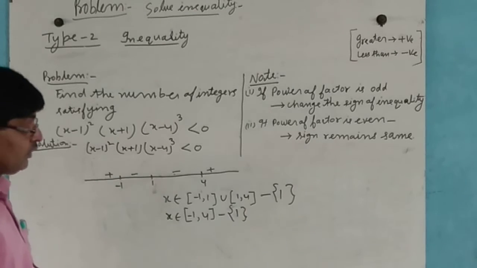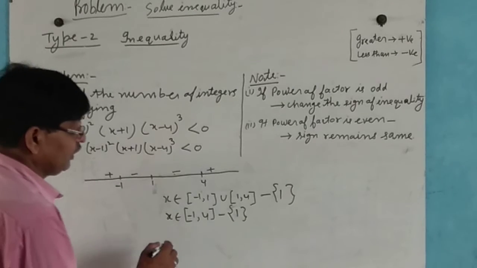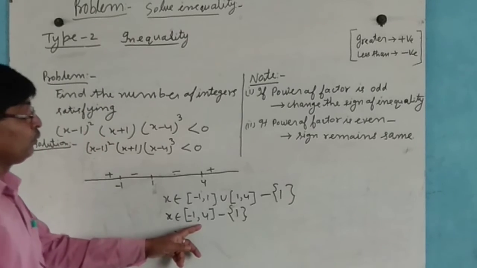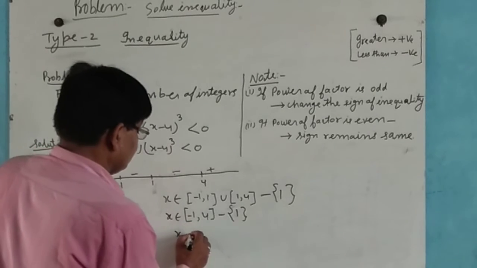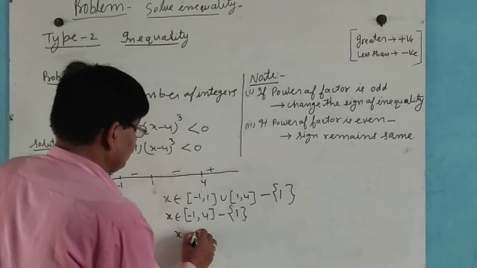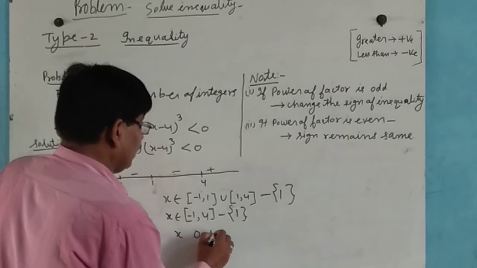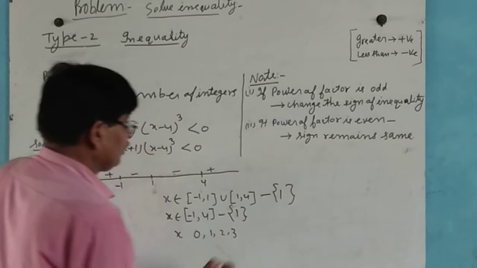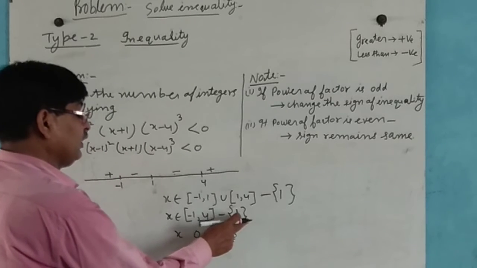It means that x equals what? Minus 1, 0, 1, 2, 3, but here 1 is subtracted.